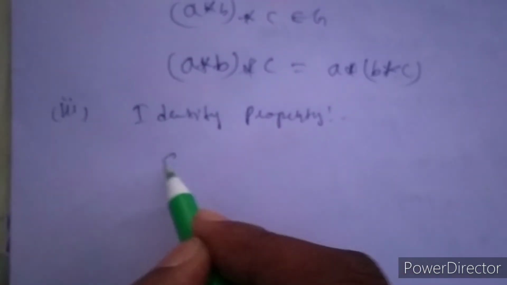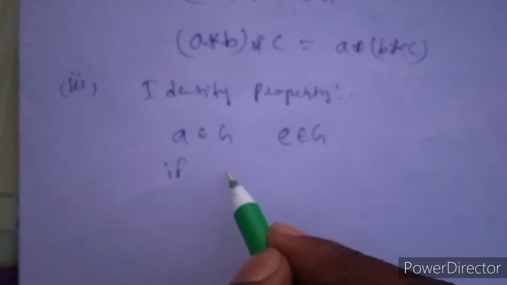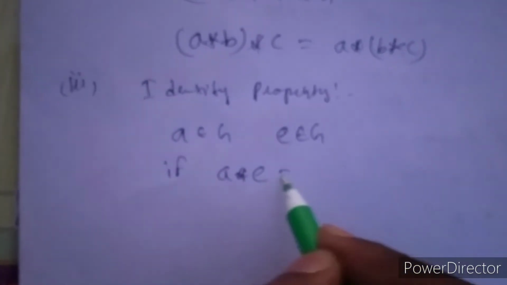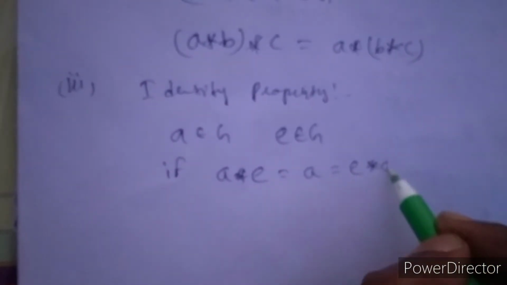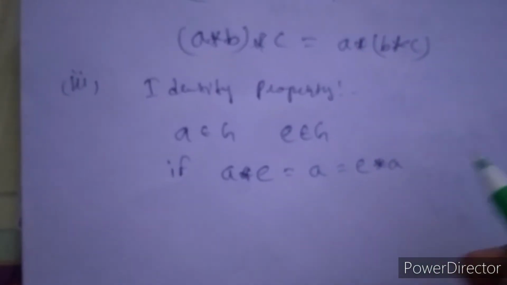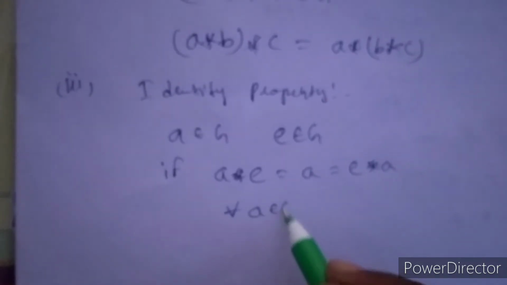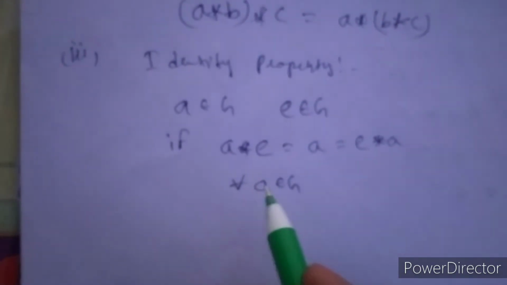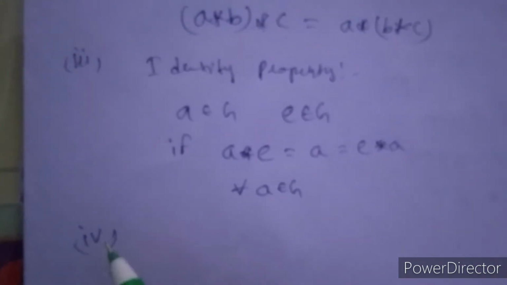What is the identity property? a belongs to G and e belongs to G. If a star e is equal to a is equal to e star a, for all a belongs to G, then this is called the identity property. Next, the fourth one, the inverse property.